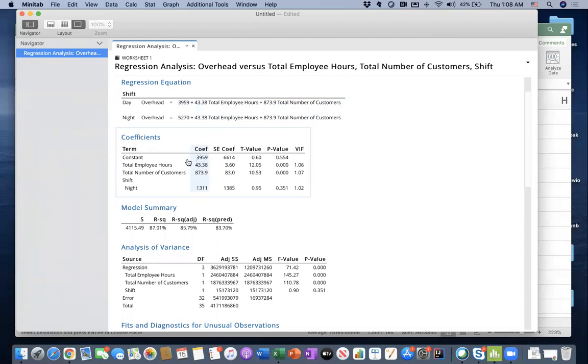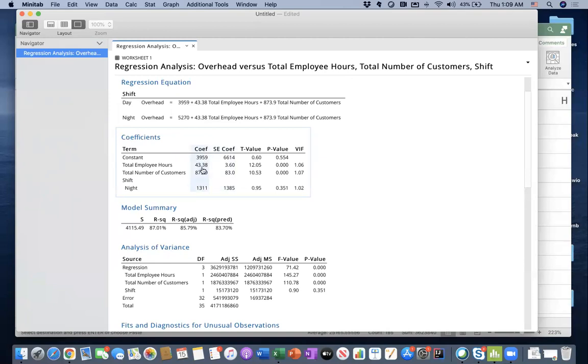One thing to realize here is that the coefficient for the constant, or the intercept term, 3,959, can be seen in the day column because day is the reference variable. And for the night equation, it adds the night's coefficient to this coefficient, which is going to be identical to 5,270.